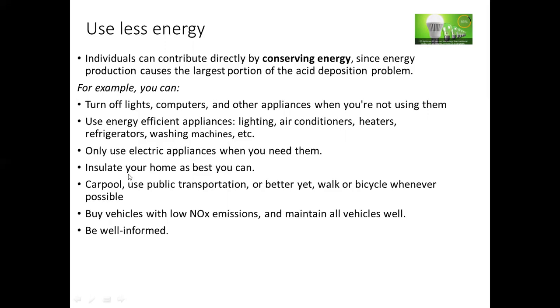For cool countries, we can insulate our home as best we can by closing the windows. For hot countries, we can get natural ventilation by using natural methods. When we talk about transportation, we can use a carpool. We do not have to drive to the city using our own car.